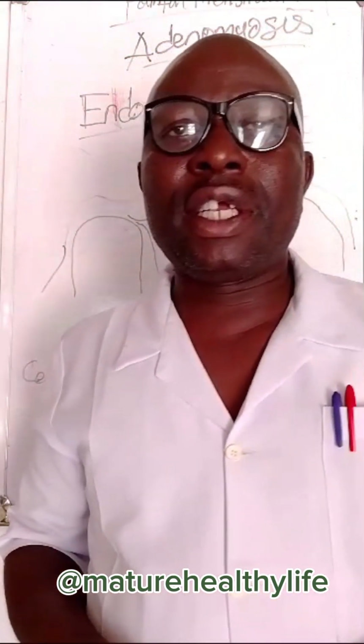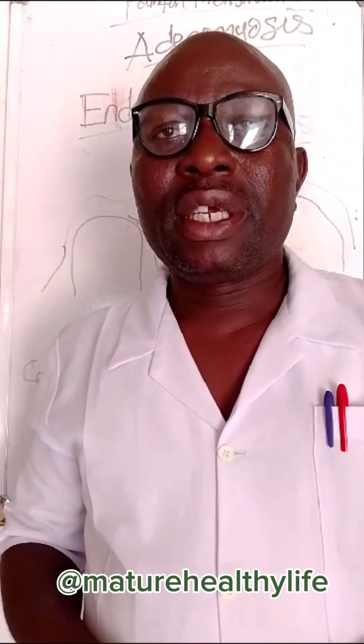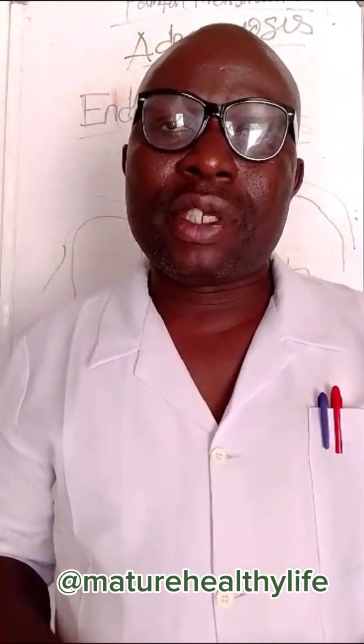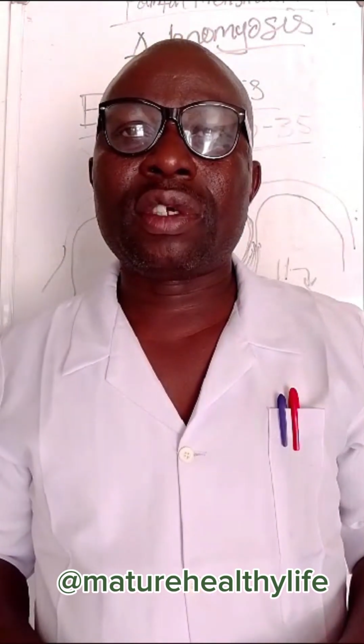Then we have family history. Family history is a situation where your grandmother had this condition, your mother had this condition. Now it is your time, you are going to have this condition or you have it. Family history is also a predisposing factor to this condition. It's a risk factor.